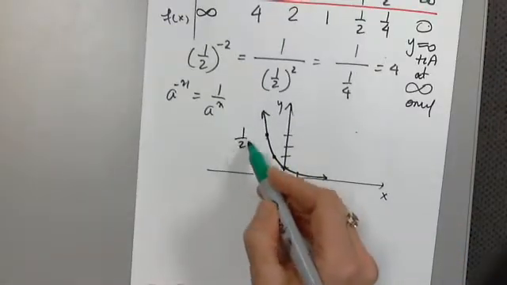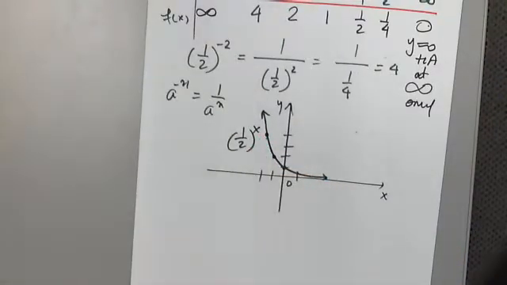This is the graph of 1/2 to the x. Totally different shape, only because the base is less than 1. Just a couple of different properties than the previous function. Pretty much the same, but totally different shape.